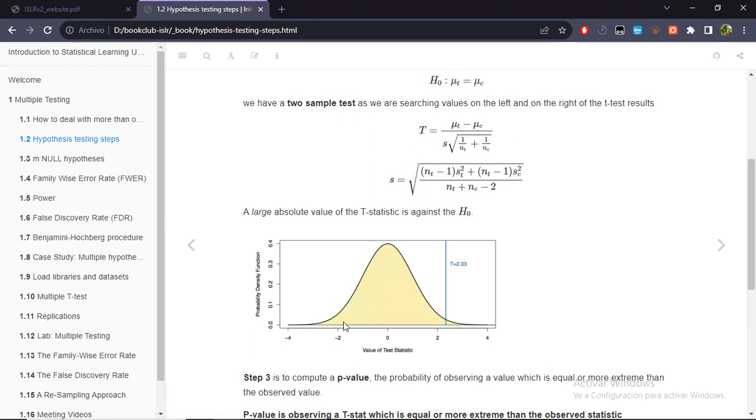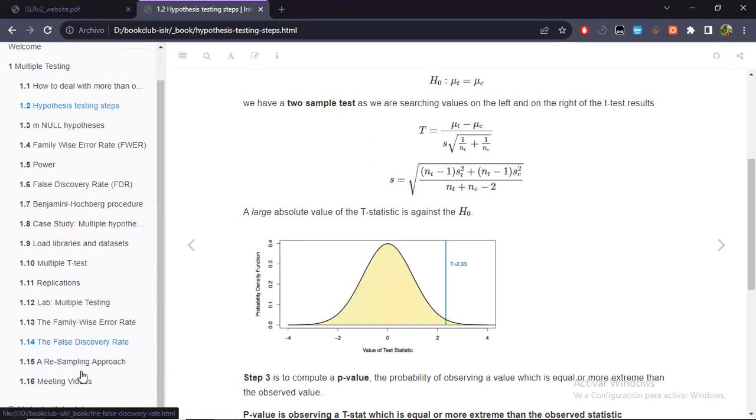And once we approximate such distribution, then we can calculate the p-value, because it's simply going to be an area under a certain region of that approximate distribution that we are going to make. So that's amazing.